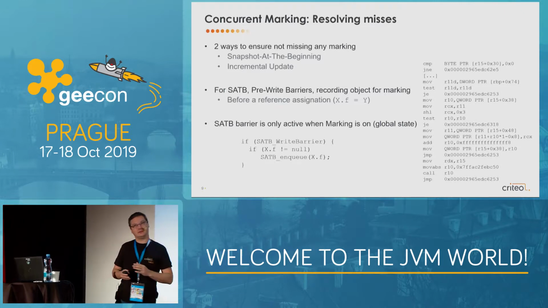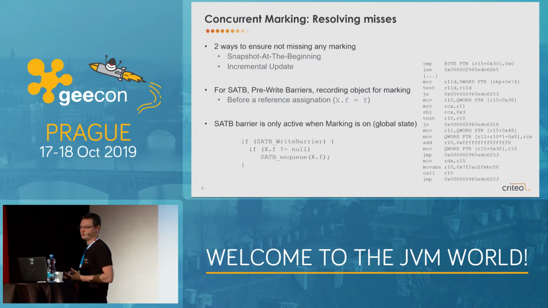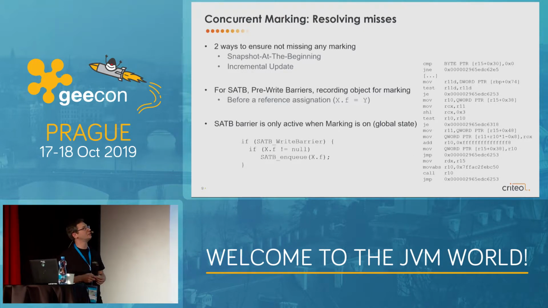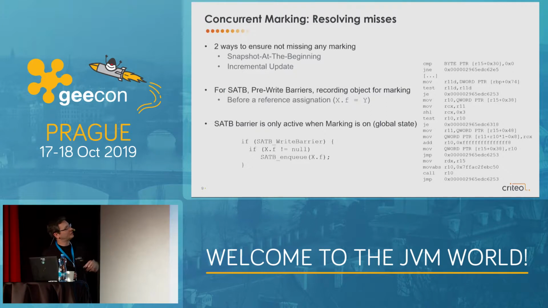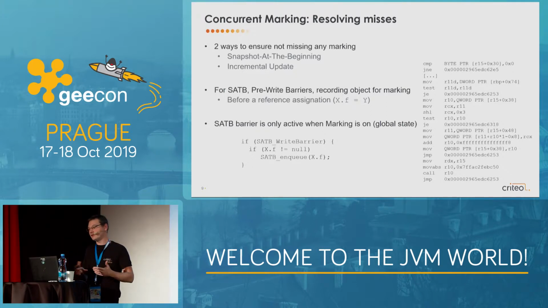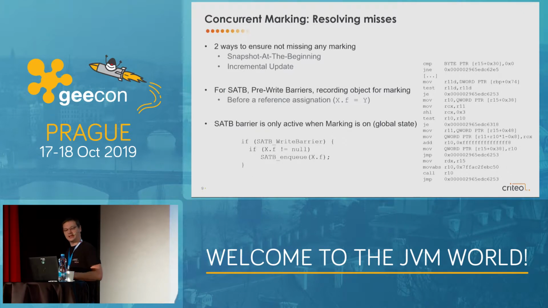There are a couple of instructions. The first two are the test for the write barrier, whether it's active or not. Then we have a few more tests, and then a call at the end to a subroutine to do all the enqueuing.